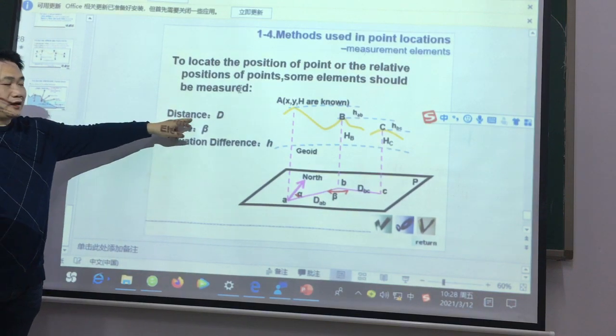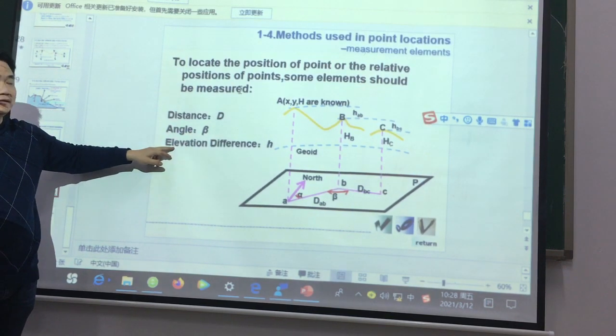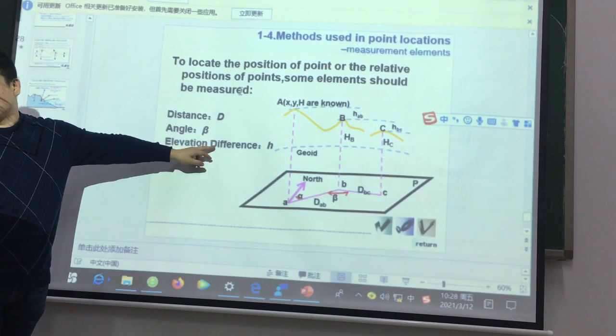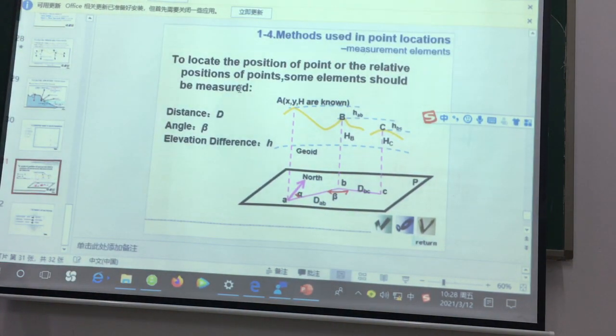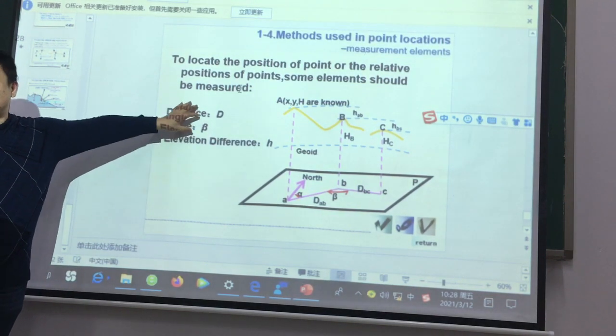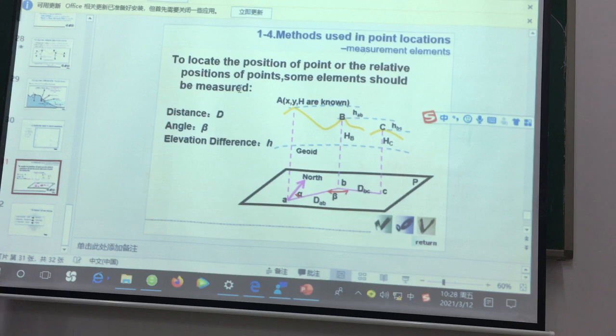These three elements: one is distance, second is angle, and the third is elevation difference. So, for example, we will do 8 experiments. These 8 experiments are just about these three elements: survey these three elements, and then use them together to locate the points, locate the coordinates, locate the elevation, and then draw it on the map.